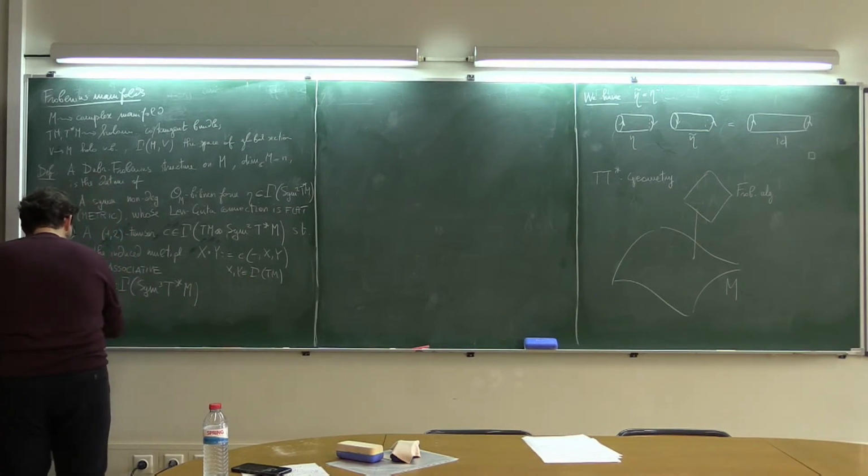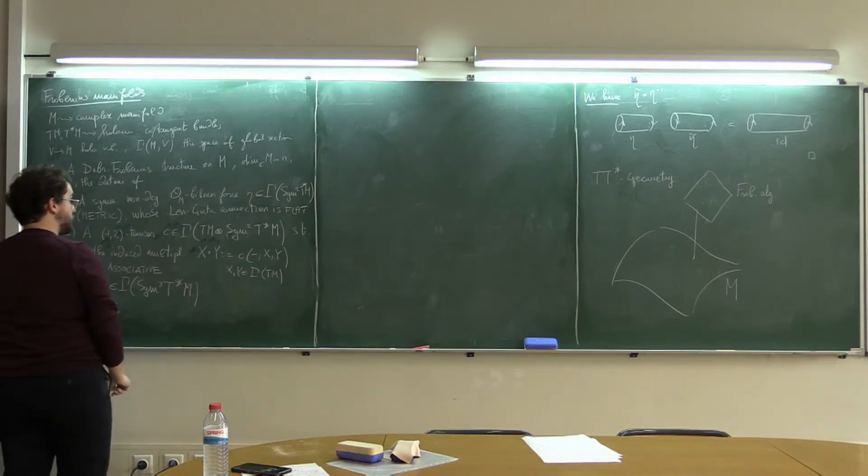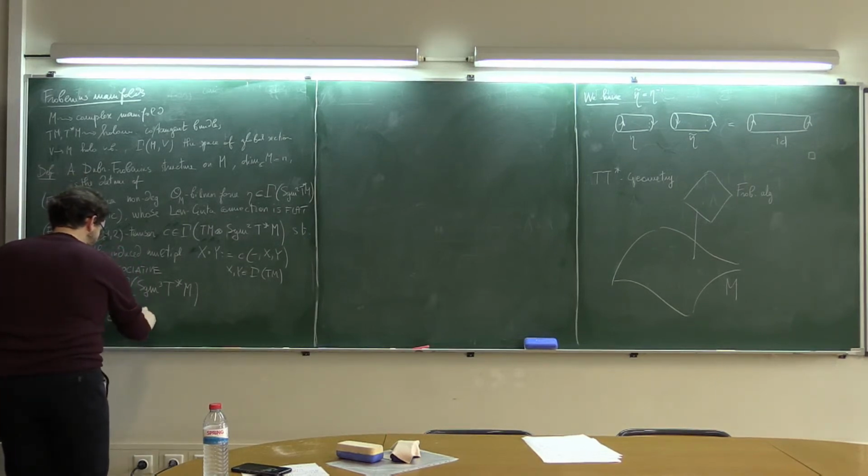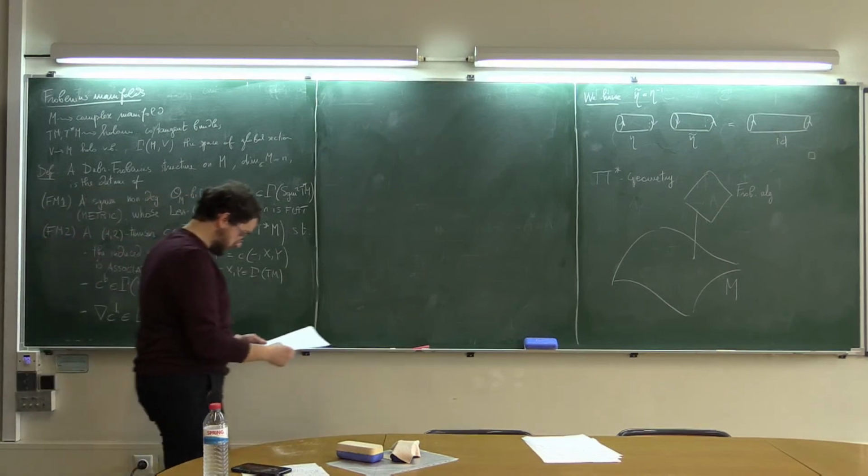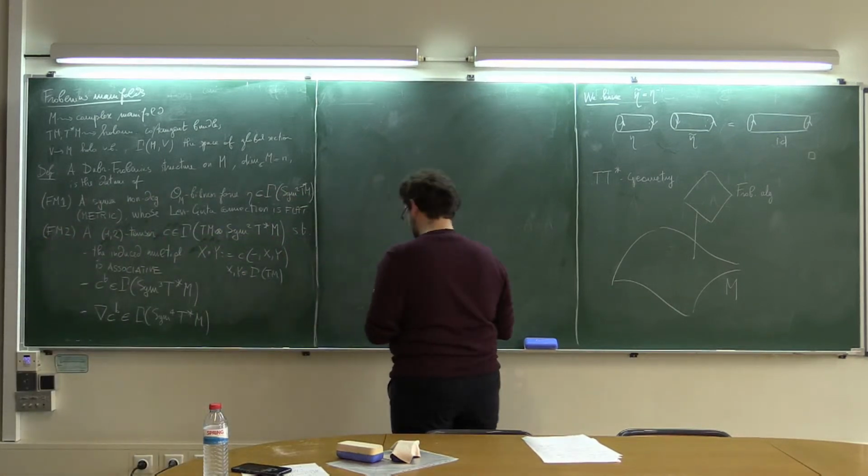And moreover, I also require that its covariant derivative with respect to the Levi-Civita connection of eta is in the fourth symmetric power of the cotangent bundle.